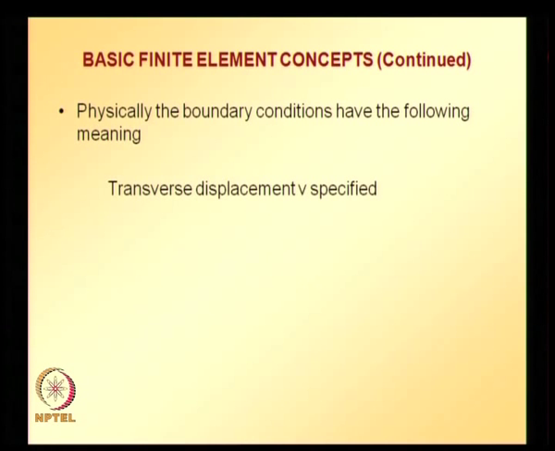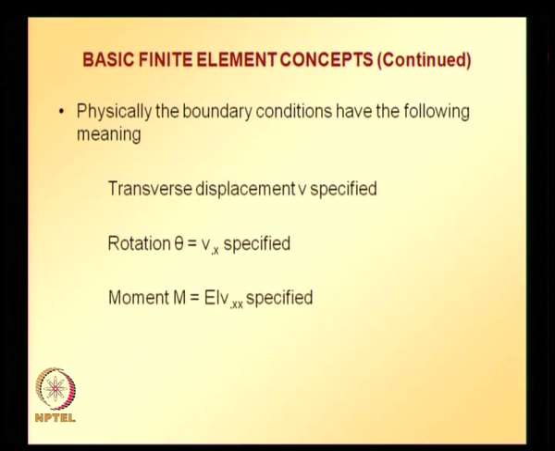V is transverse displacement, and derivative of V is nothing but rotation, and second derivative of V times the modulus of rigidity, that is EI, gives you moment, and EI times third derivative of transverse displacement gives shear. So, any combination of these boundary conditions can be given, and 4 boundary conditions are required to solve this problem.